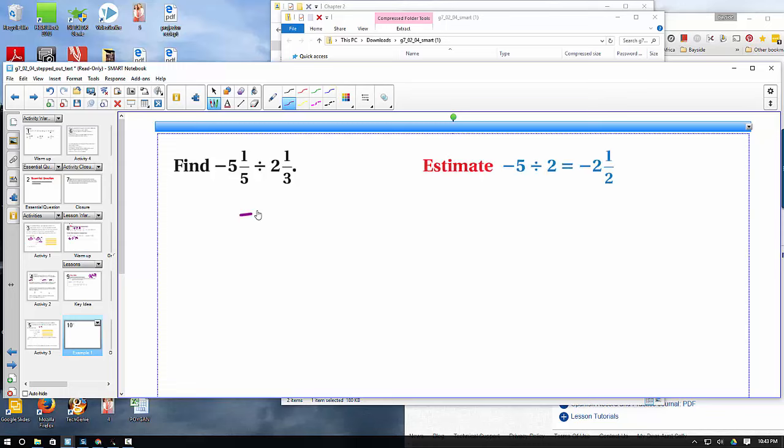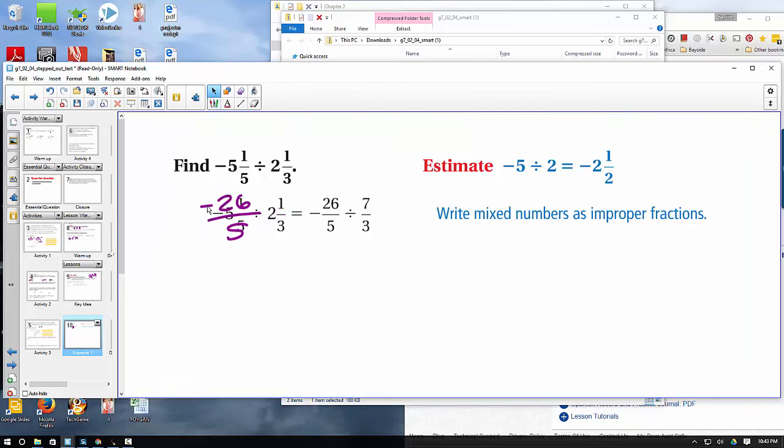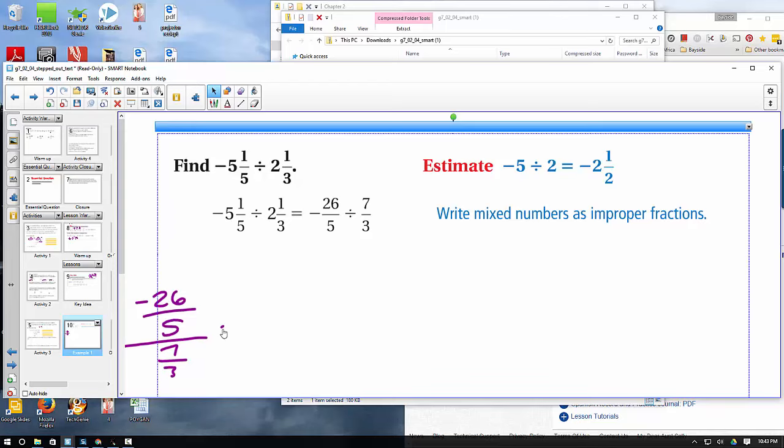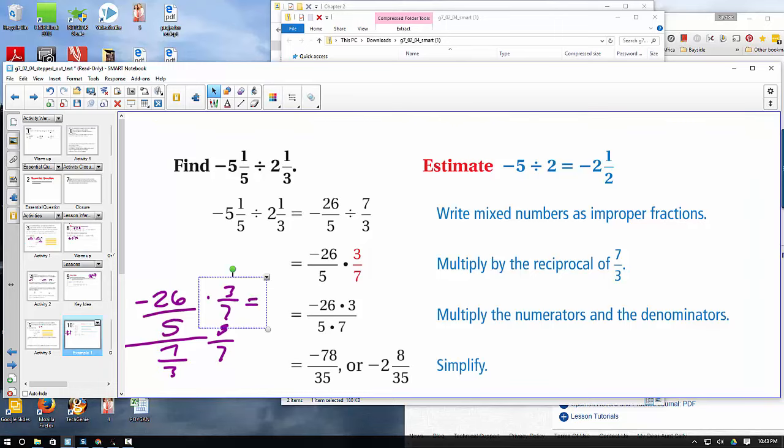So I have negative 26 over 5, and then divided by 7/3. Again, I want to get this so it's just 1 at the bottom. So I'll do times 3 over 7 on both sides. And that's how I get these numbers right here. So it should be negative 2 and 8/35.